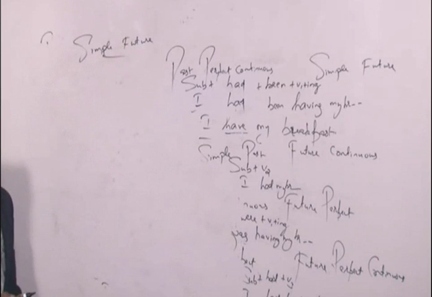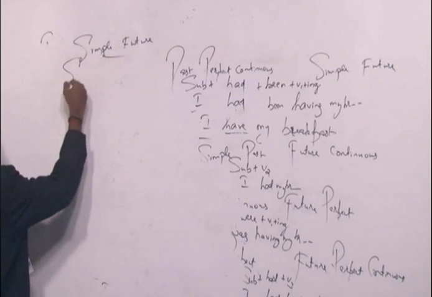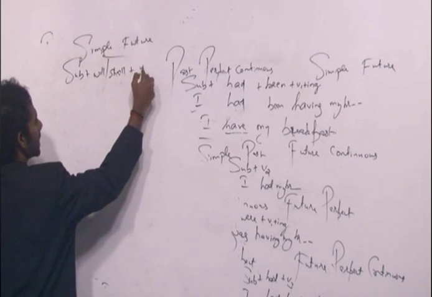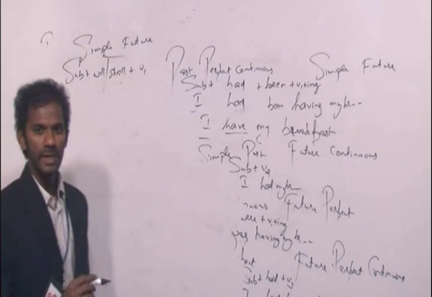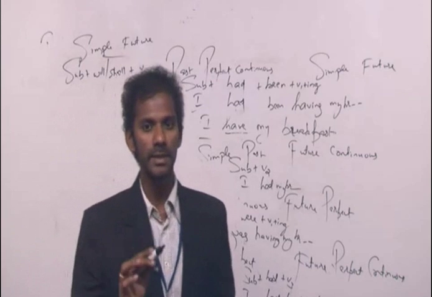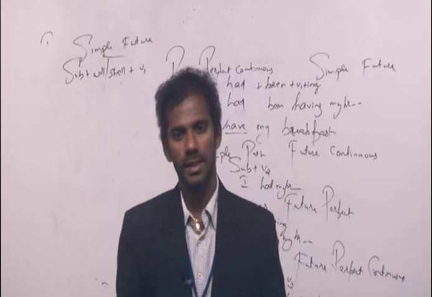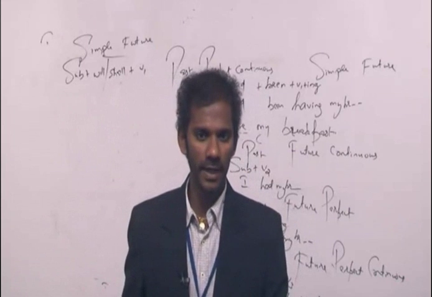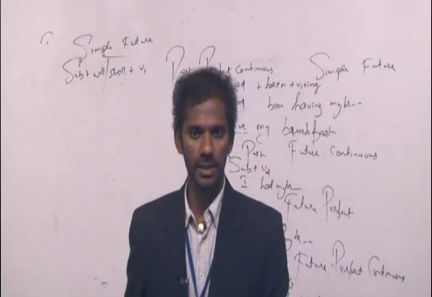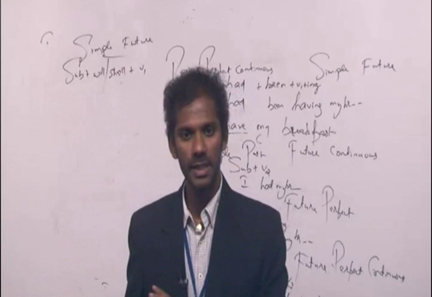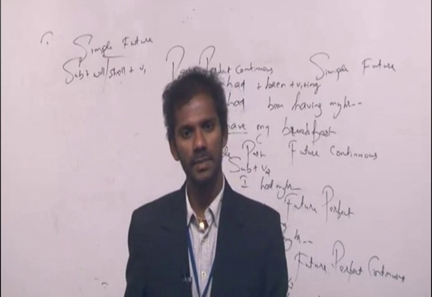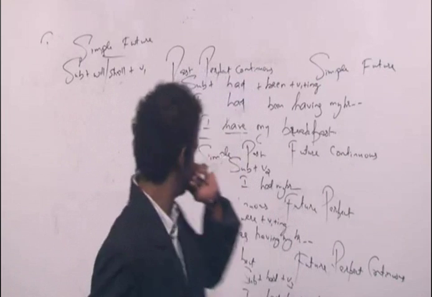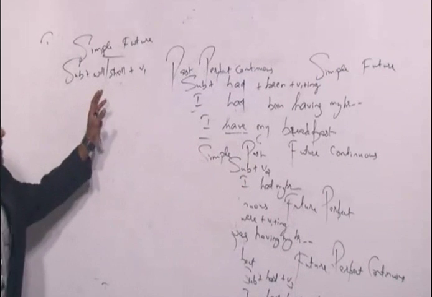The rule of simple future tense is subject plus will or shall plus V1. V1 is the present form. And as I told you, if you remember, in future tense, the verb will always be plural. We can never find a singular verb in future tense. No matter whether the subject is singular or plural, in future tense, the verb will be plural. Clear? So subject plus will or shall plus V1.